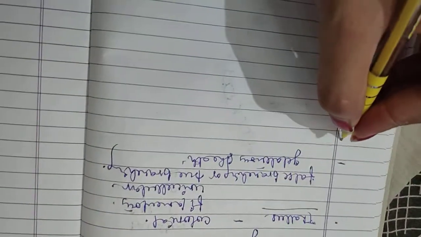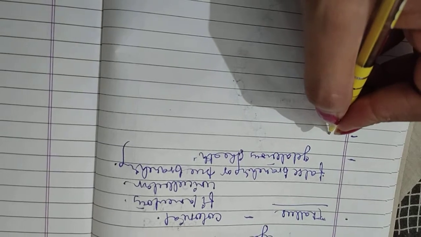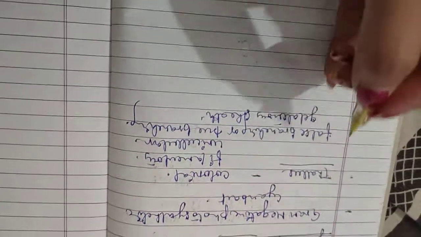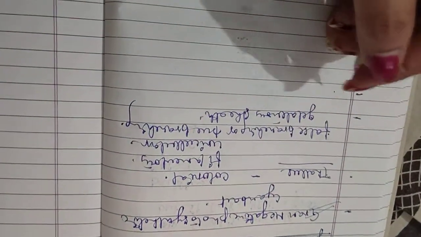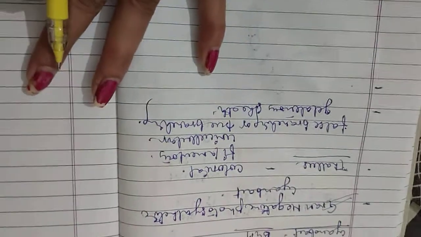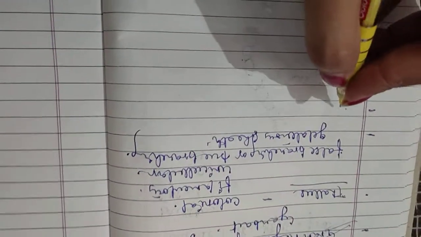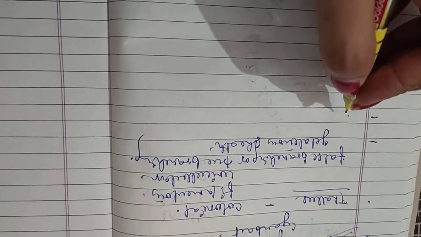Their cell structure shows a typical prokaryotic cell structure, and as I told you, they resemble very much gram negative photosynthetic bacteria, and the cell wall is obviously made up of peptidoglycan.